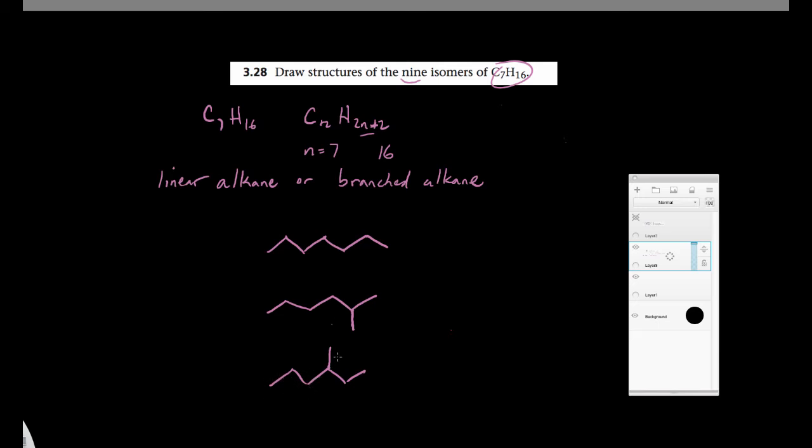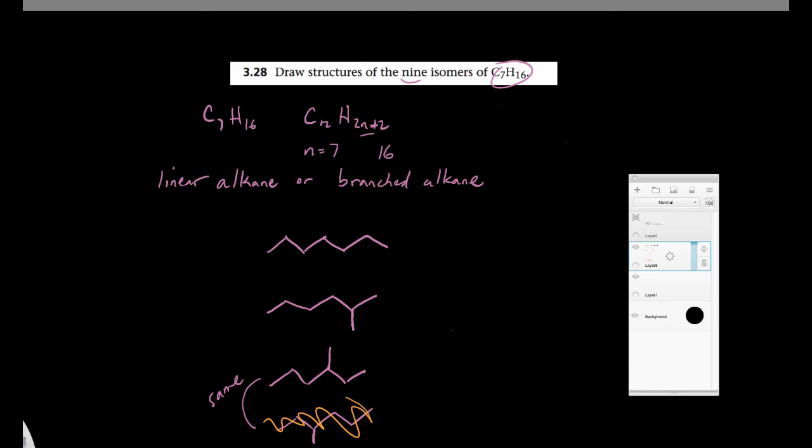And notice if we move the methyl over to this one, this and this are the same thing. So this is the same. So we can't call this a separate compound. Now, there are 3. We've drawn 3.